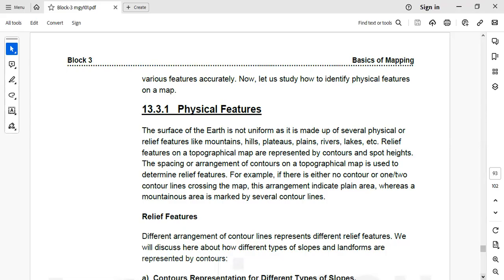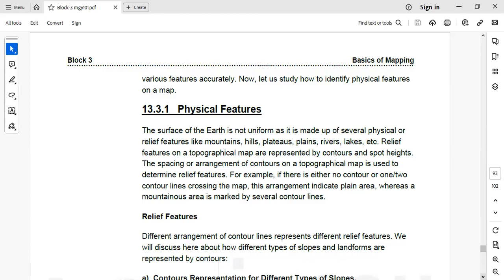Therefore, the arrangement of contours on a topographical map is very useful to determine the nature of the relief features. For example, if there is either no contour or one or two contour lines crossing the map, this arrangement clearly indicates a plain area. Whereas a mountain area is marked by the presence of several contour lines.